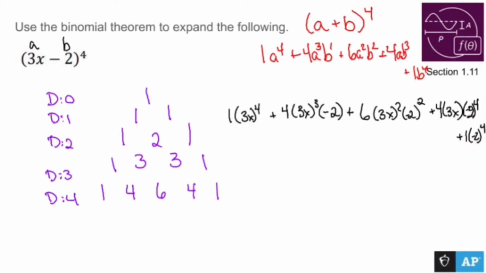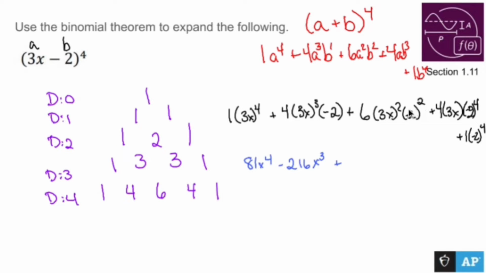And then you simplify that guy, which I don't need near as much space for. 3 times 3 times 3 times 3 is 81, and 81 times 1 is 81, so 81x to the fourth, plus 3 times 3 times 3 is 27, 27 times 4 is 108, 108 times negative 2 is negative 216, so let me get rid of that plus sign and make it minus 216, x to the third, plus 3 times 3 is 9, times 6 is 54.